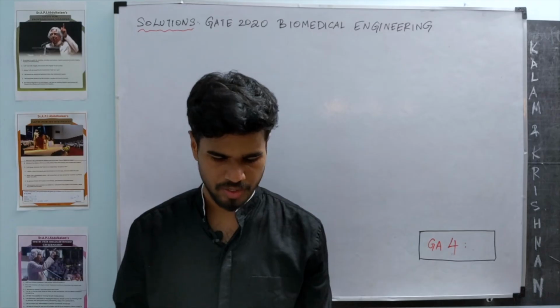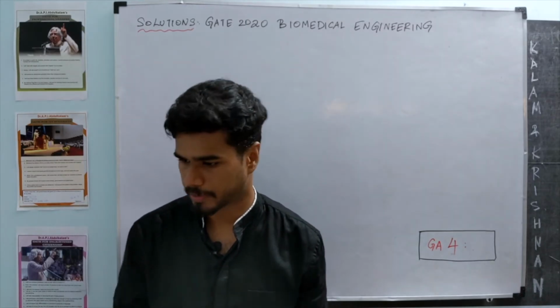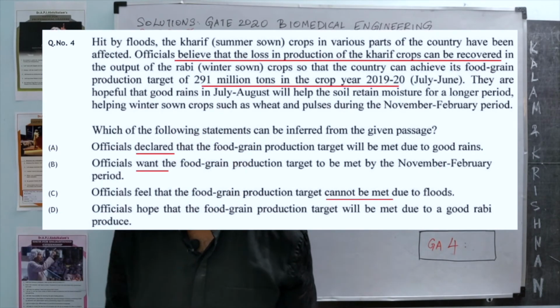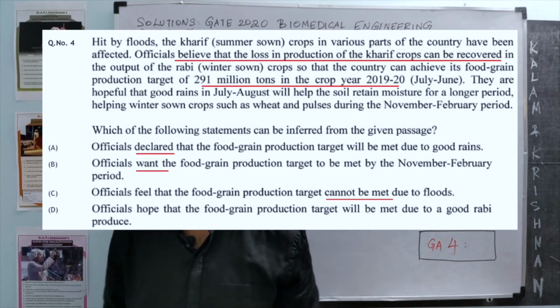So it's a question on inferring a text. So I'm going to read the text to keep track of time and all that. Hit by floods, the Kharif (summer zone) crops in various parts of the country have been affected.